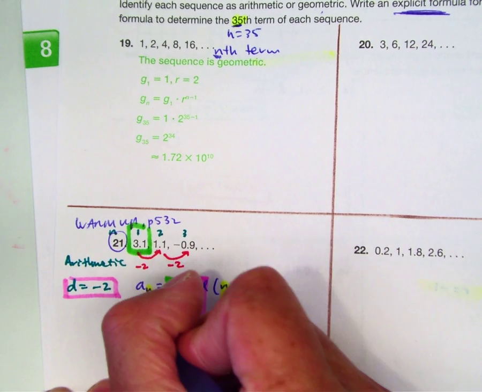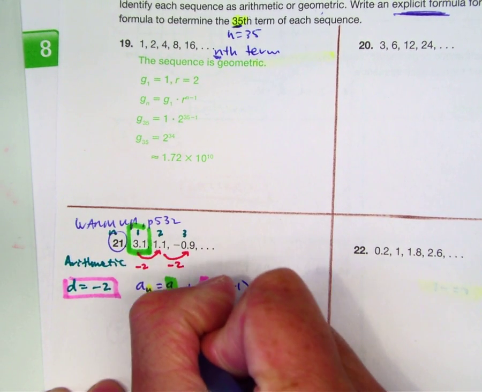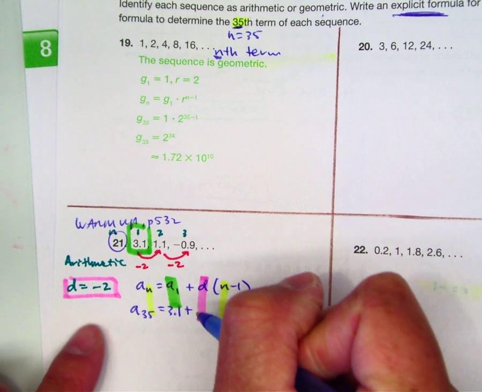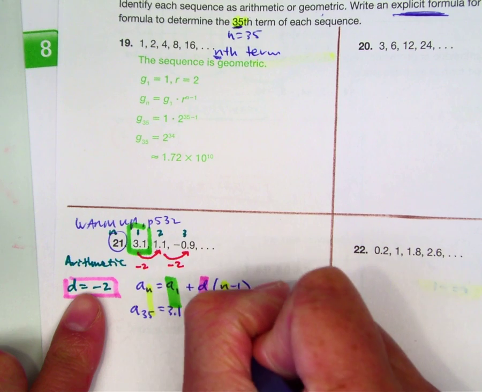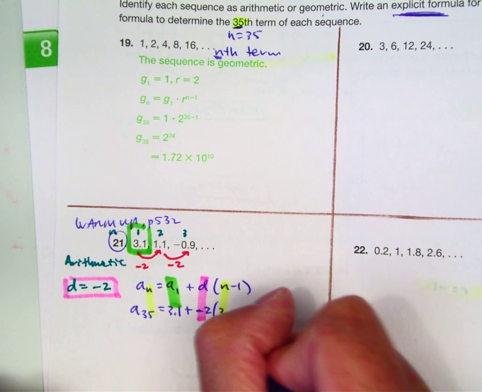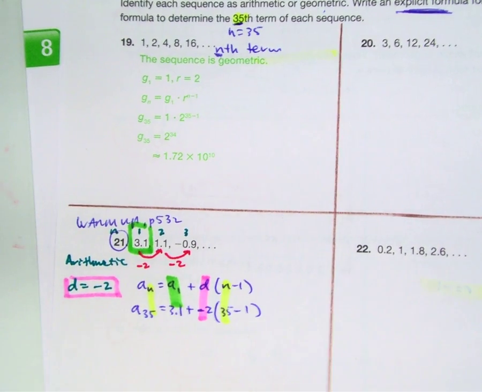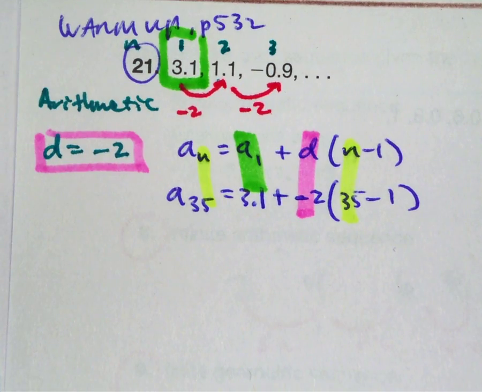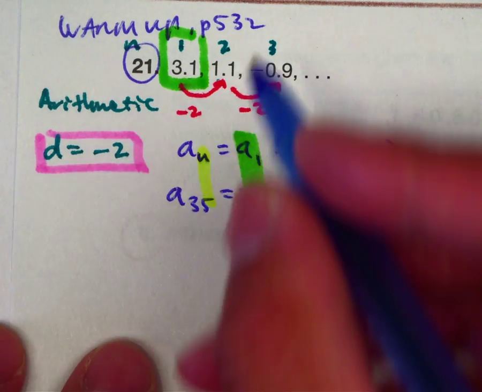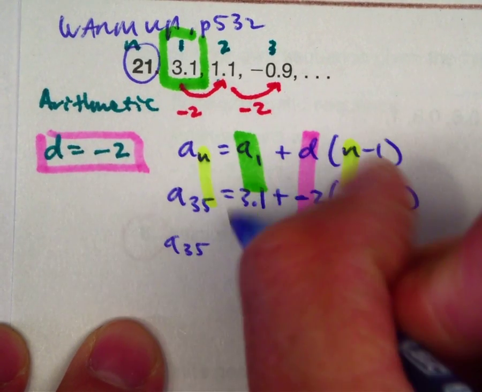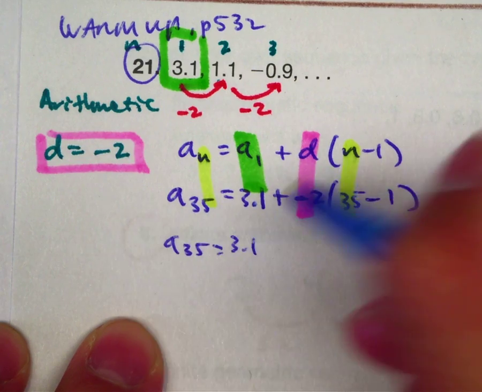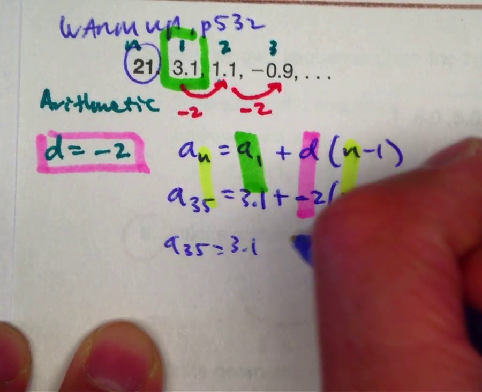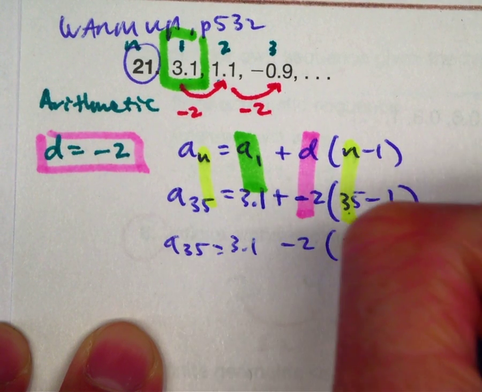Let's do the substitutions. A35 equals 3.1 plus -2 times 35 minus 1. Now all I have to do is simplify. The 35th number in the list is 3.1. I'm going to do order of operations, so 35 minus 1, doing the parentheses, is 34.